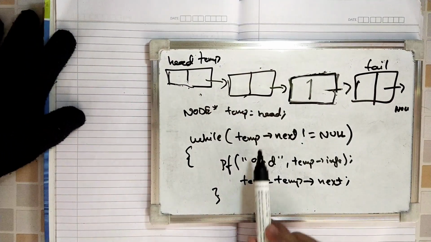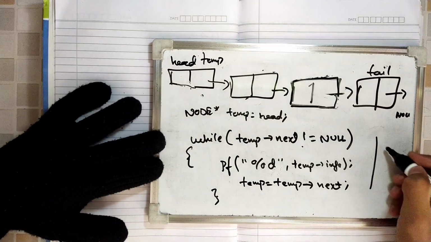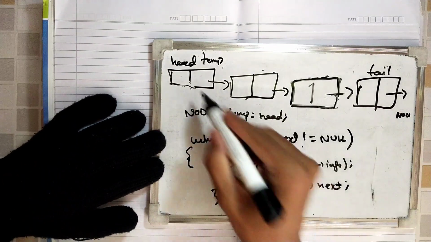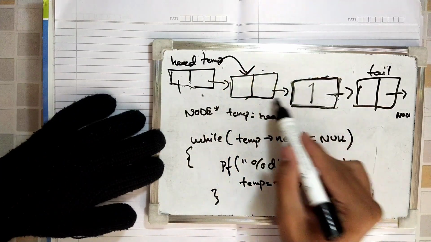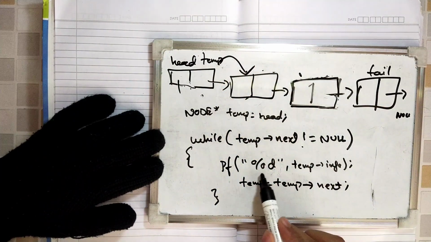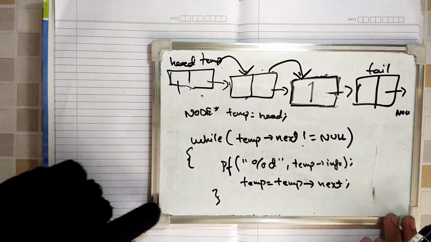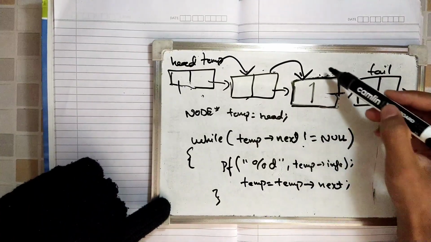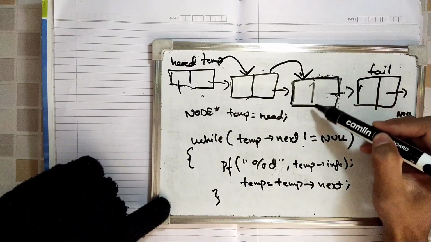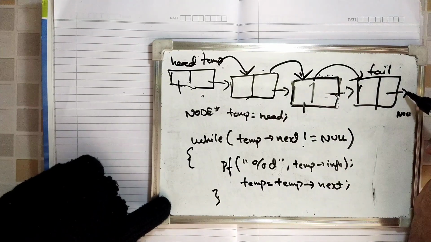So now what will happen? First, temp of next is not equal to null, true. It will display this first, then it will go here. Again, is next null? No. Now it will display, and go here. Just listen here, an important thing will come now. Again temp is here. Is temp of next null? No. It will display this first and go here. Now temp of next is null.